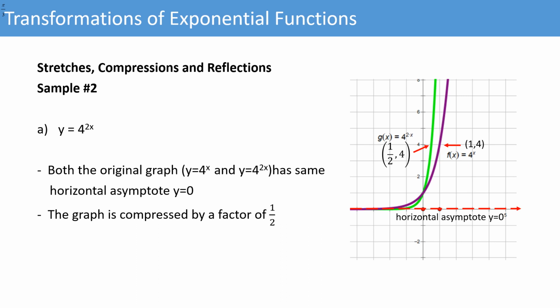If we look at y is equal to 4 to the exponent 2x, with the purple being the original function, 4^x, and the new one in green, 4 to the exponent 2x, and we take a sample point (1, 4) on the original, we will notice that it is changed in the new one to become (1/2, 4).